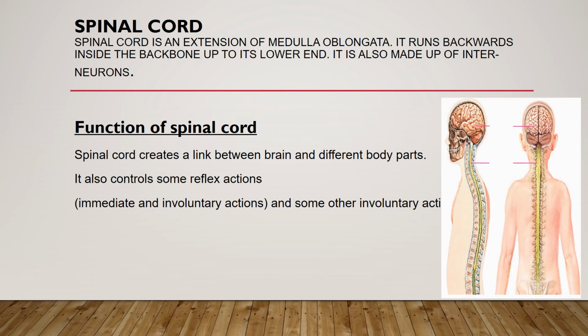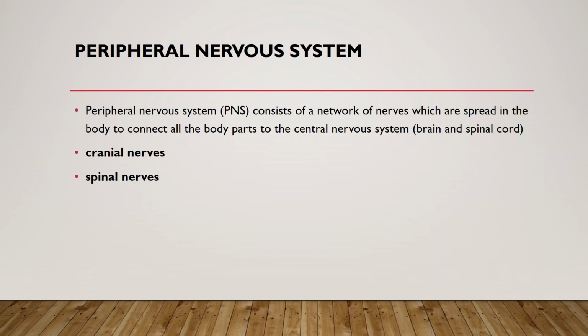It runs backward inside the backbone up to its lower end. It is made up of the anterior neurons, as you can see in the diagram. Spinal cord creates a link between the brain and the different parts of the body, and it also controls some reflex action, means immediate and involuntary action, and some other involuntary actions.